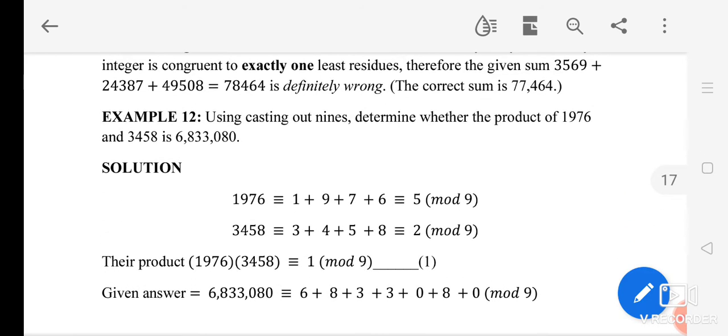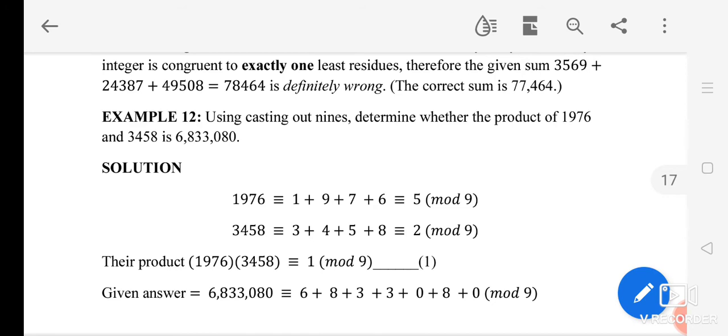Next example: using casting out nines, determine whether the product of 1,976 and 3,458 is this big number. Solution: first we apply modulo 9 to 1,976.